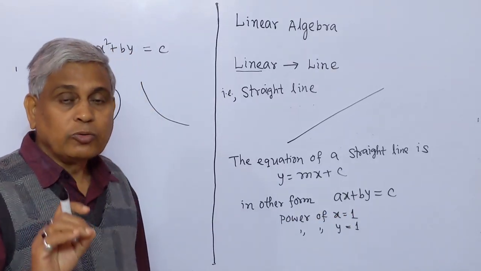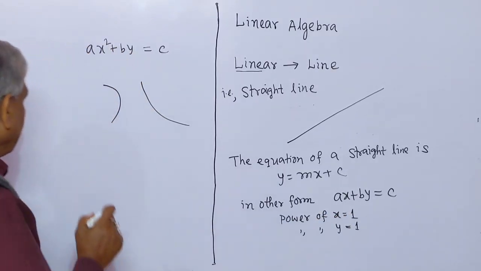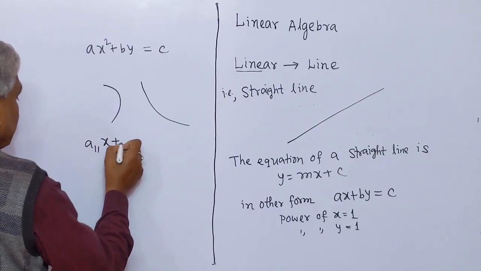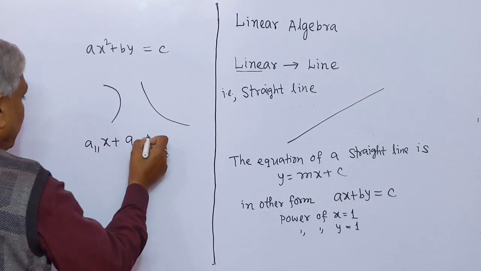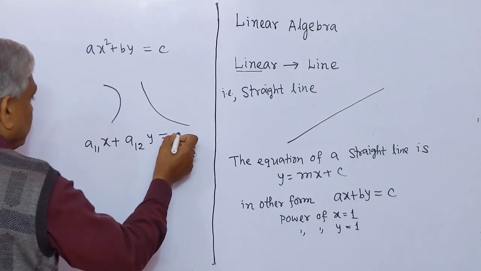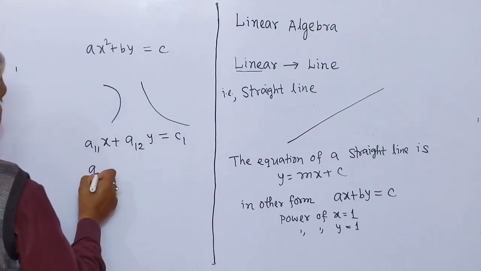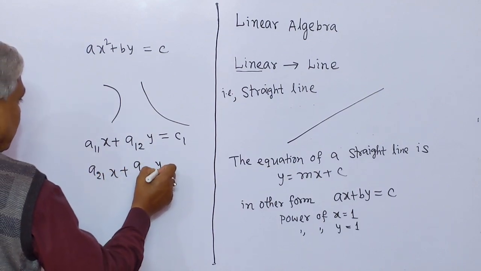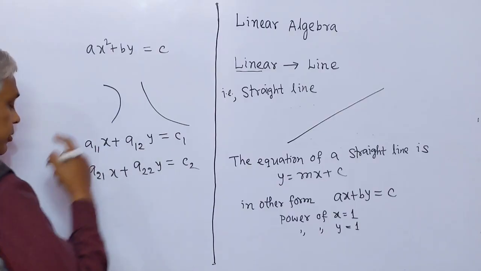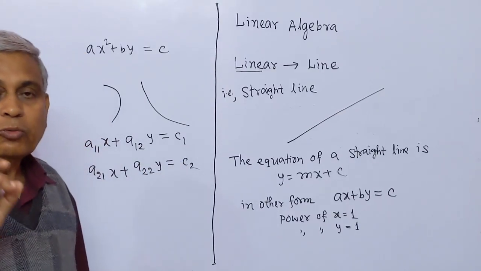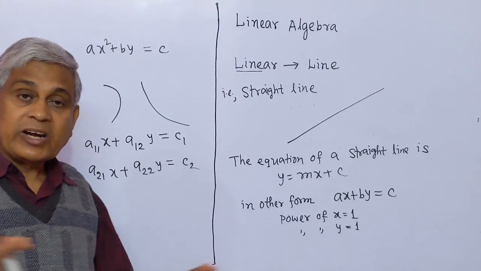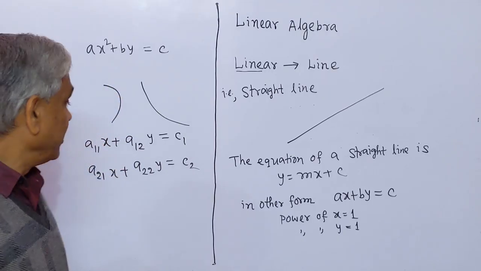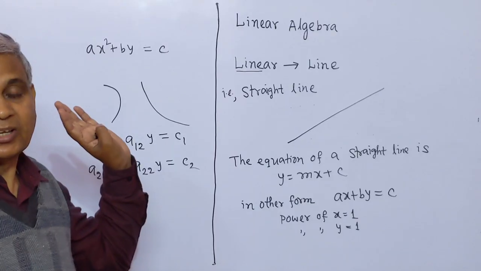Let us have two equations of straight lines: a11x plus a12y equal to c1, and a21x plus a22y equal to c2. These are two equations of straight lines, drawn on the xy plane. Here x and y are variables.